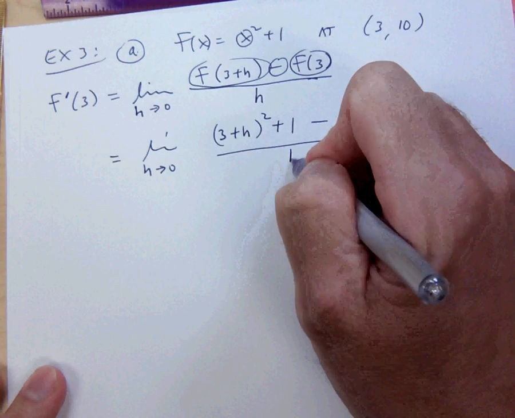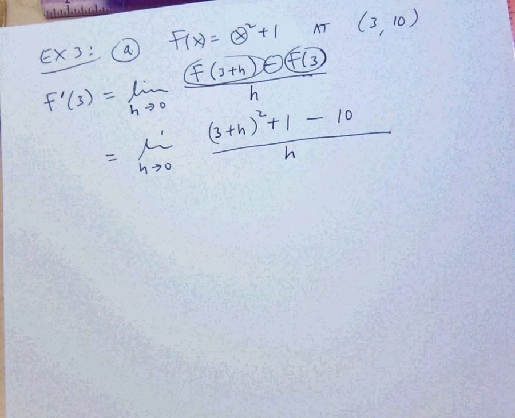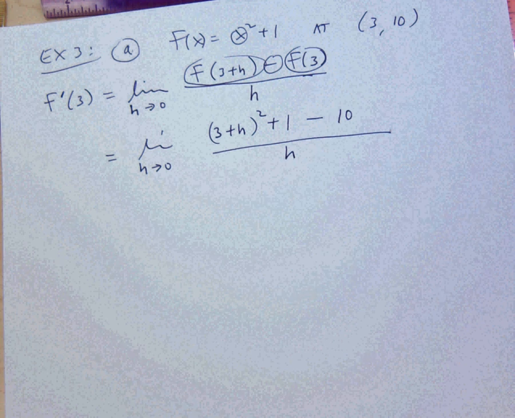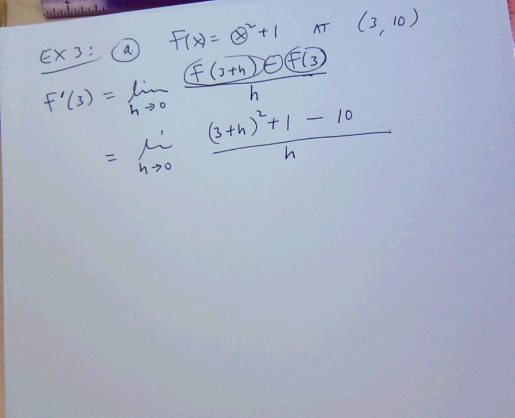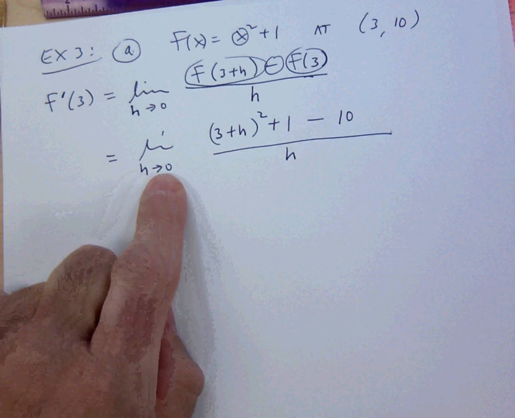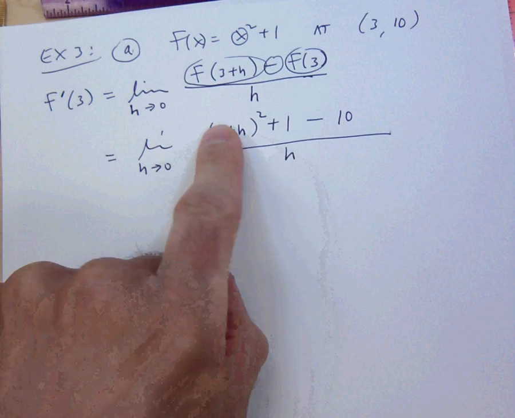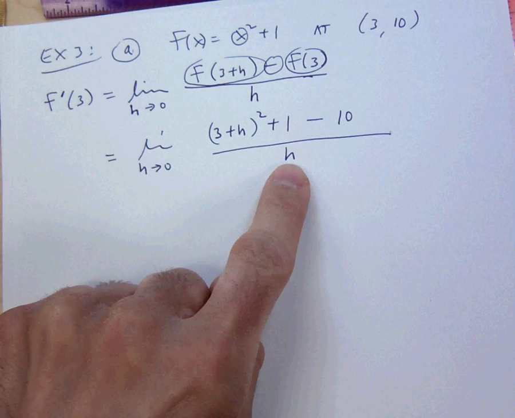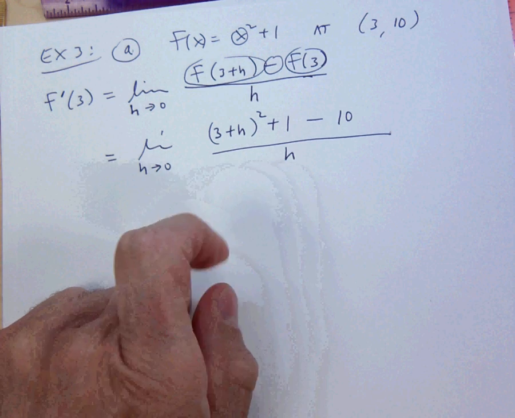All over h. Any questions so far? Okay, by the way, always try substitution. What do I get when I plug a 0 in for h here? What do I get when I put a 0 there and a 0 there? I get 0 over 0, so I'm stuck.